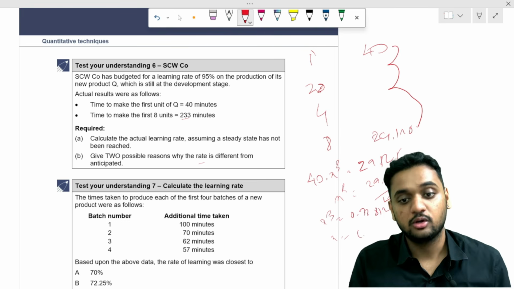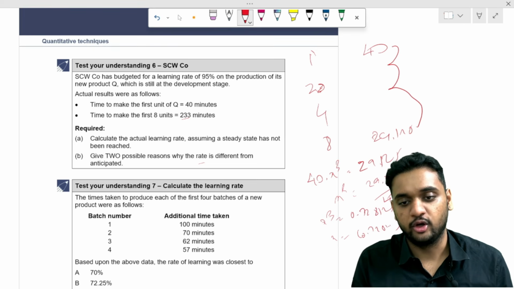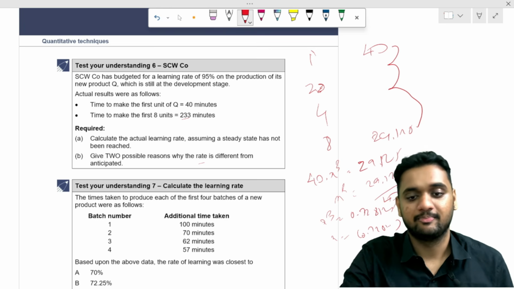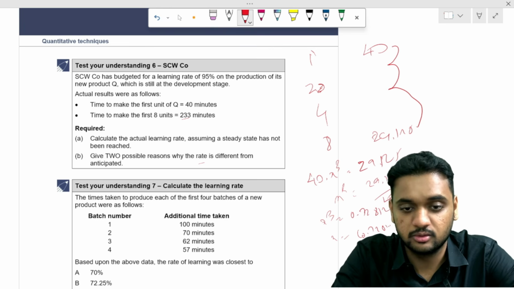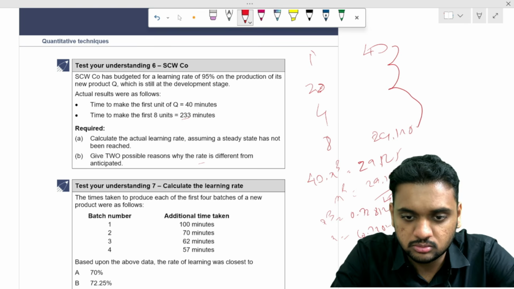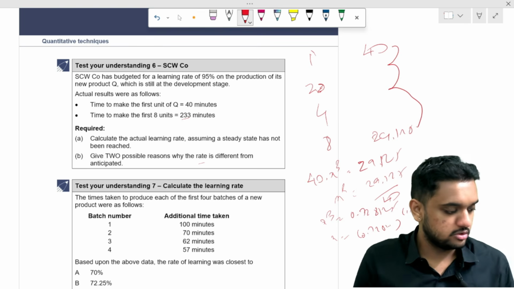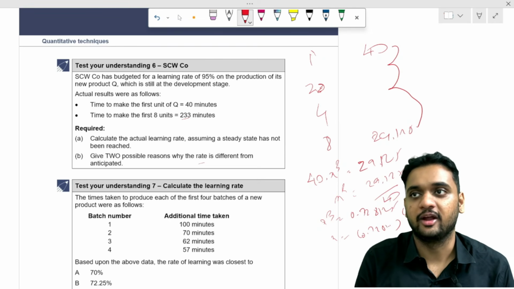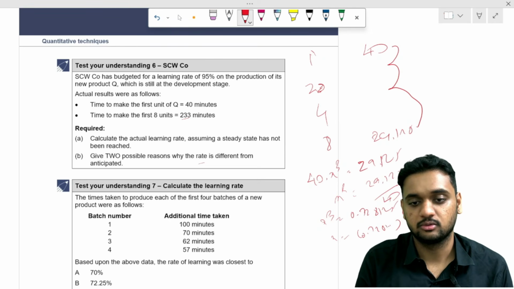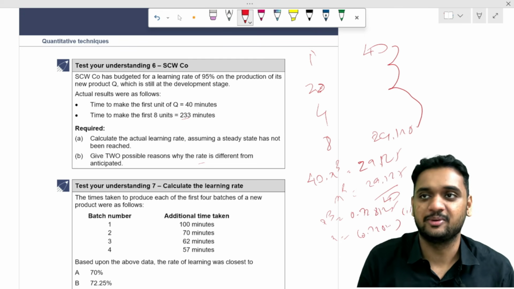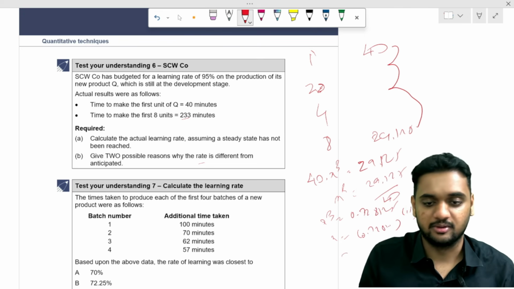So x is equal to 0.728125 to the power 1 by 3. What are you getting if you do that? 0.896, which means 90%. The learning curve is 90%.